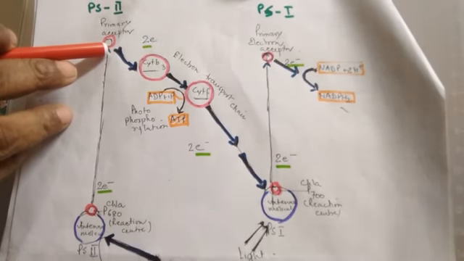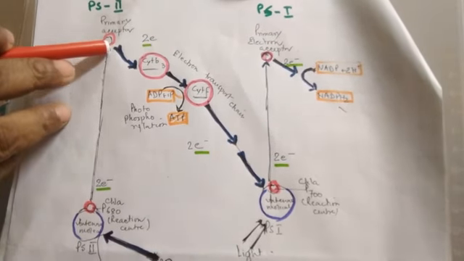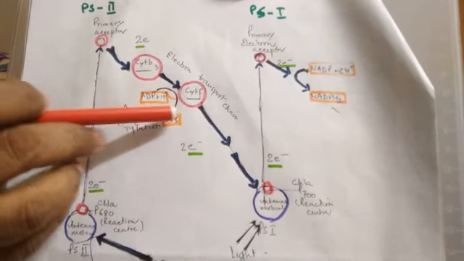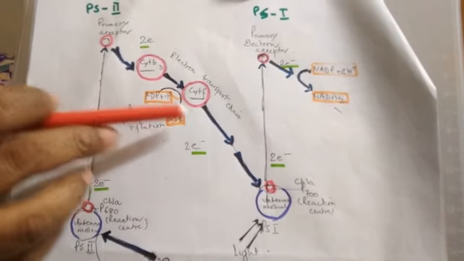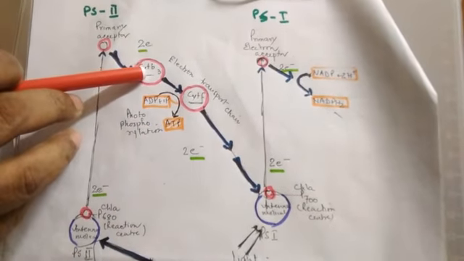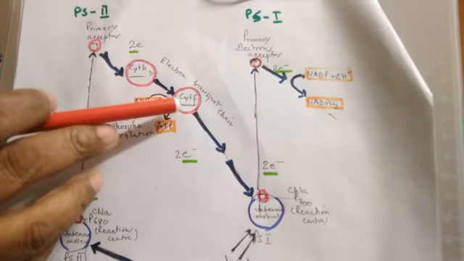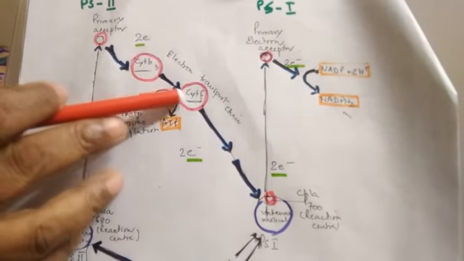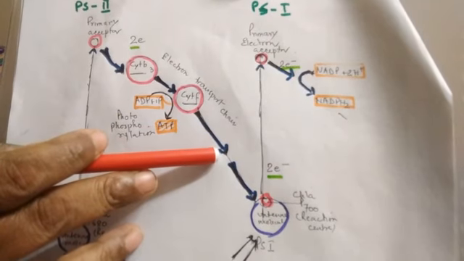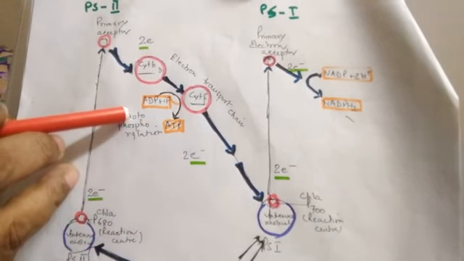This is the primary acceptor where the electrons move first, and from there they move along the electron transport chain, clear, where there is cytochrome B6, cytochrome F, and various electron acceptors. Now when they move down the hill along the electron transport chain, what happens?